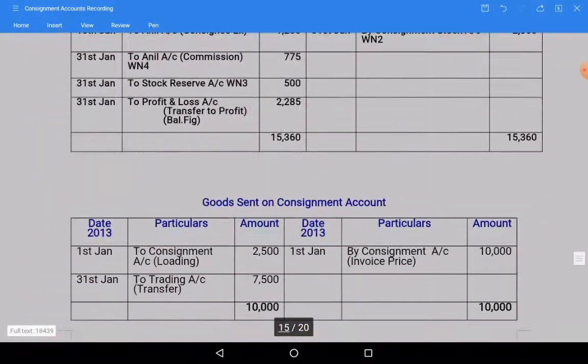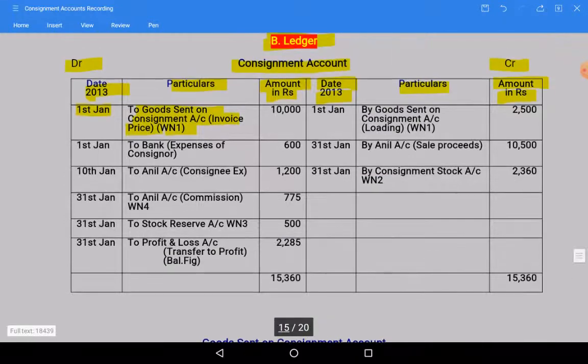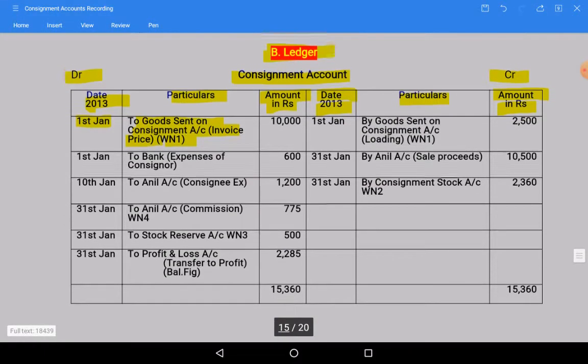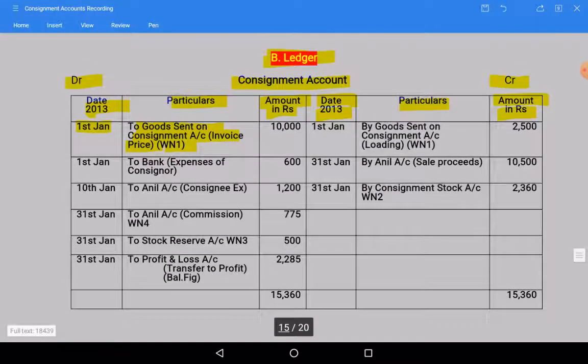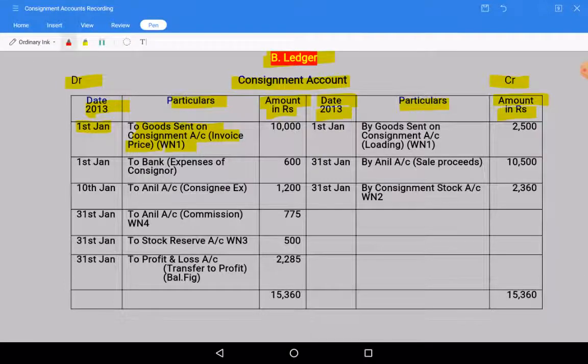So here we are at consignment account. This 10,000 came from working note 1, and whenever there is invoice price, we need to take the opposite side, it's loading.